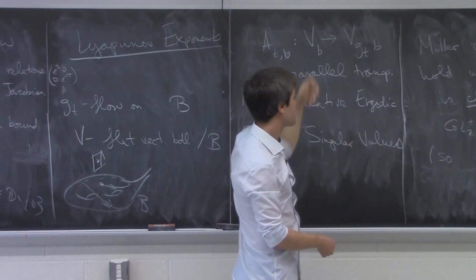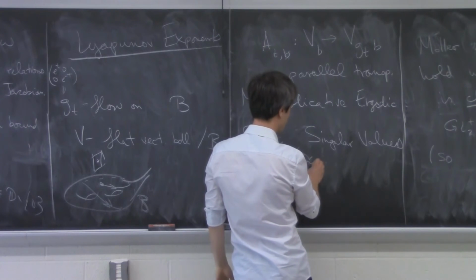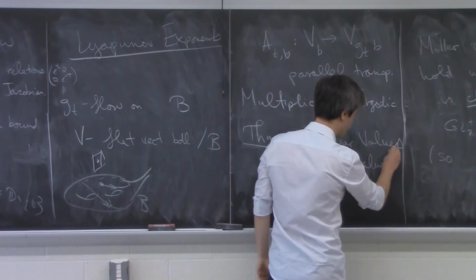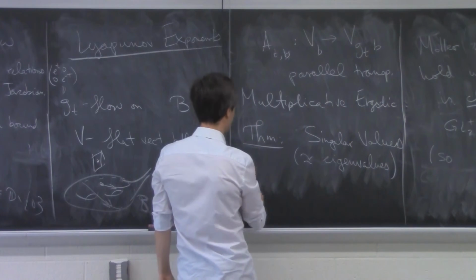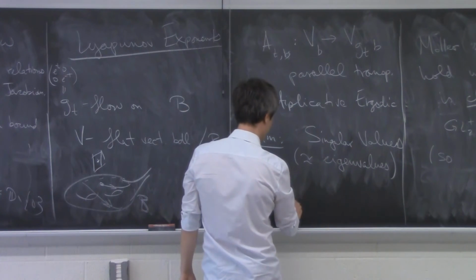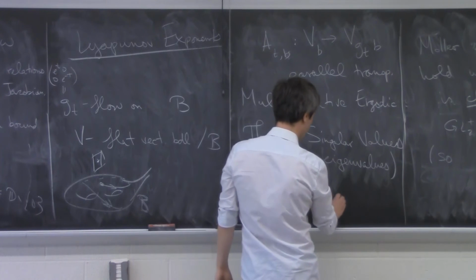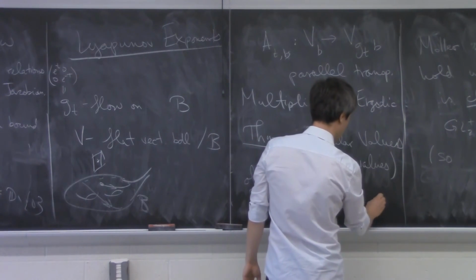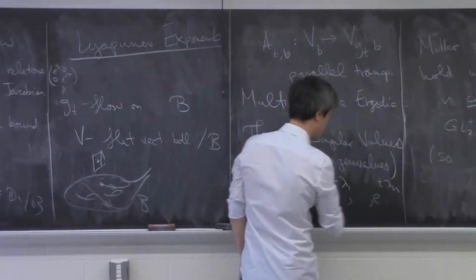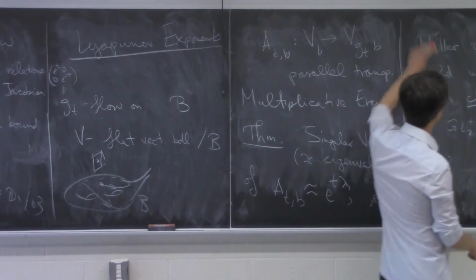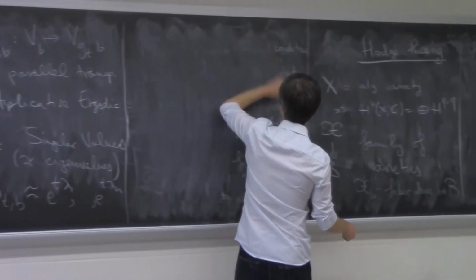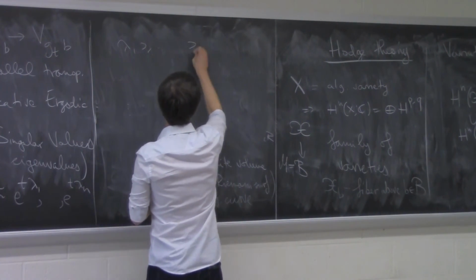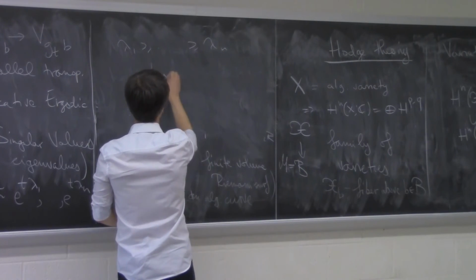If it would be the same vector space, this would more or less be the same as the eigenvalues. Not exactly, but they're roughly the same kind of numbers for these matrices A_t(b). So they grow exponentially at some rates, e^{t lambda_n}. And these numbers lambda_1, ..., lambda_n are the Lyapunov exponents.